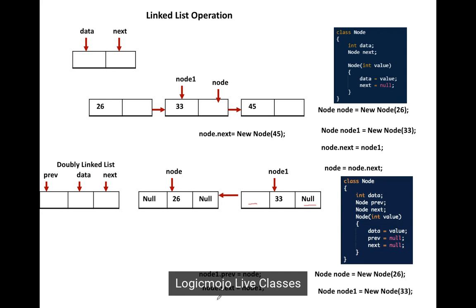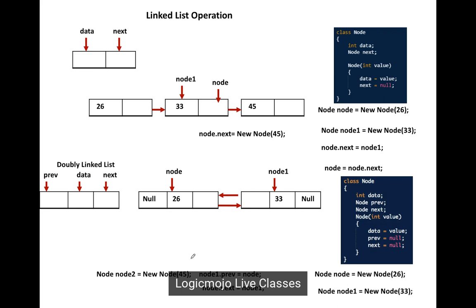And let's say we execute this instruction, that is node dot next equal to node 1. Node dot next is right now null, but node 1 dot previous is right now pointing to this particular node. Now if I execute node dot next equal to node 1, then node dot next will start pointing to node 1, that is this particular node.